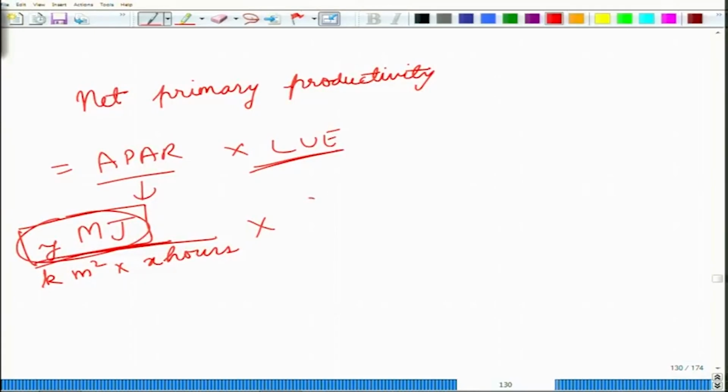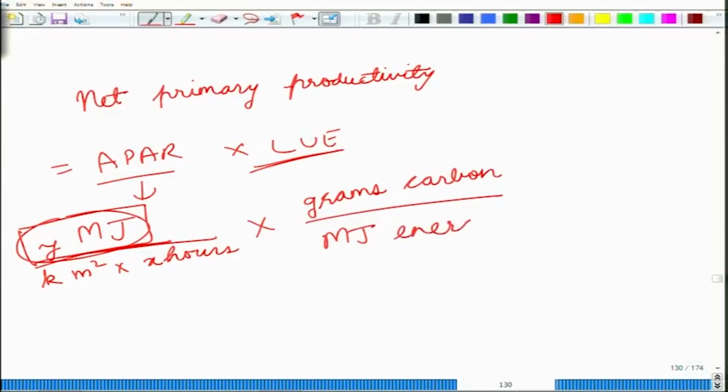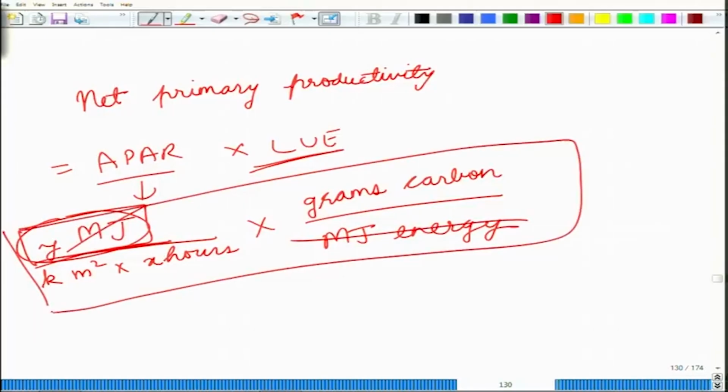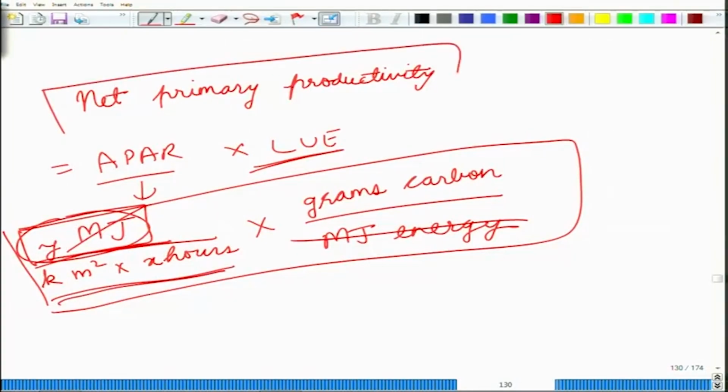So, here we have grams of carbon per megajoule of energy. In this case, megajoule and megajoule get cancelled out, and we have an estimate of the grams of carbon sequestered, or converted in the form of biomass, per unit area and per unit time, which is an estimate of the net primary productivity.